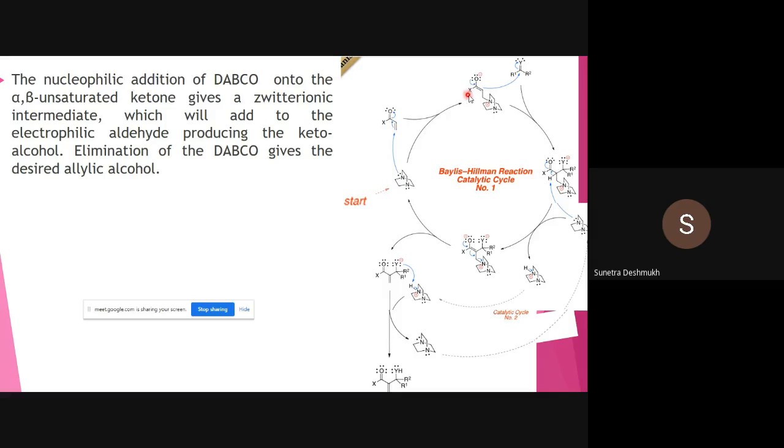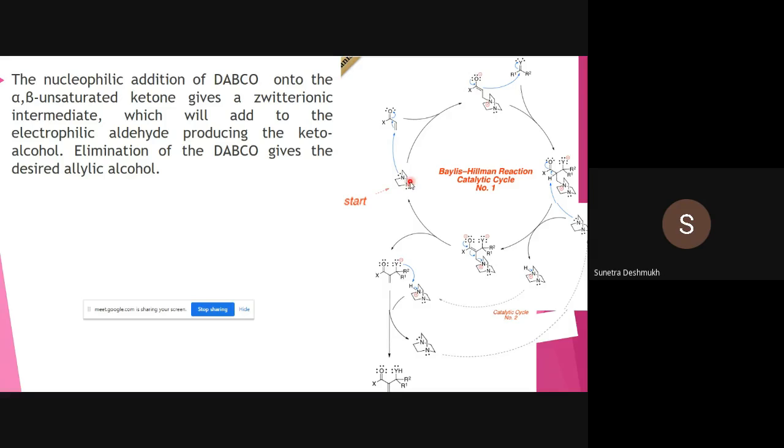This is the enolate now, so we generated the enolate with the help of DABCO. The zwitterionic intermediate is a more stabilized intermediate. You can search for what the effect of the zwitterionic intermediate is. Here we have generated the enolate, and I think by DABCO this becomes more stabilized. Now we are going to add this one.